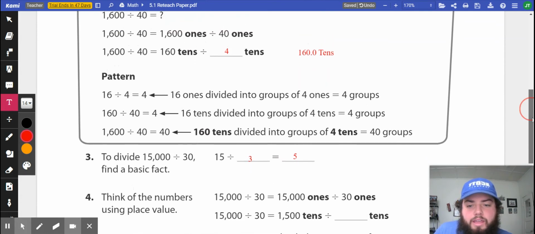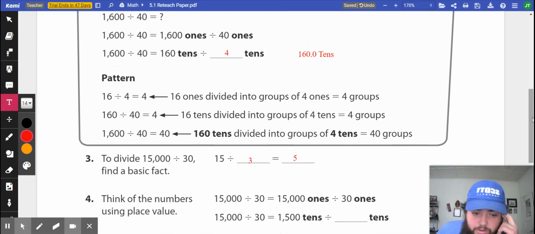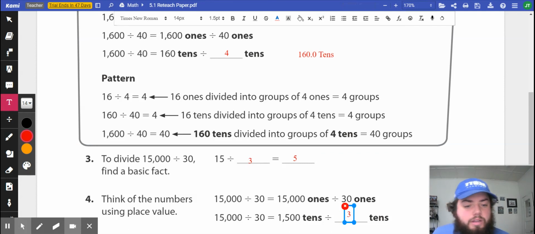And if we're using that basic fact, using place value, what is my tens going to look like? I have 15,000 ones divided by 30 ones equals 1,500 tens divided by 3 tens, right?